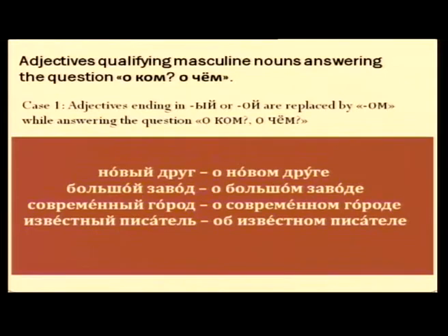современный город — о современном городе, известный писатель — об известном писателе. In this case, if you remember that we have talked about the usage of о ком and о чём according to the animate and inanimate. As we know that друг falls into a category of о ком, писатель falls into a category of о ком, but we have seen that завод, which means a plant, belongs to the inanimate.